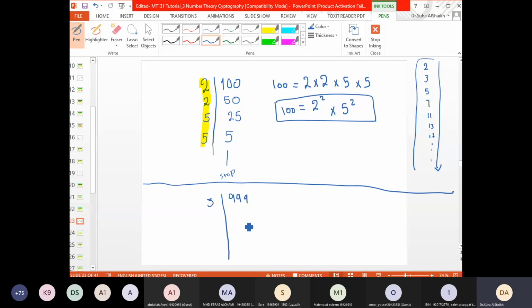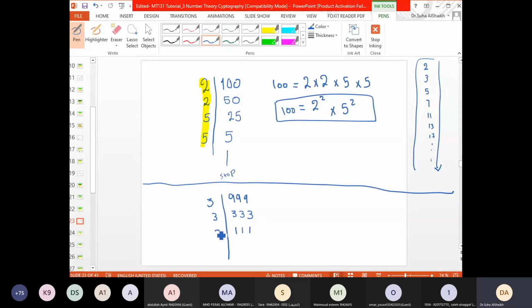It does. So we write 3. What will be the result? 333. Again, I went through the 2 and it didn't work, and I tried the 3; I don't go back to the 2, I continue downward. Again, the 3 works here and the result is 111.